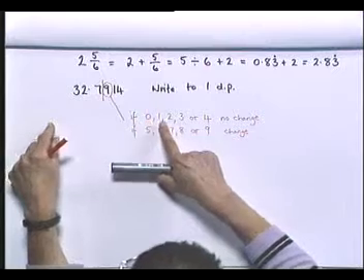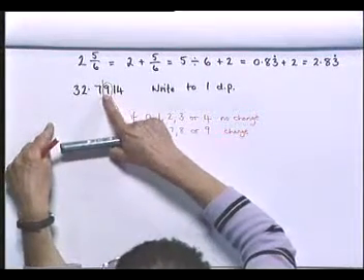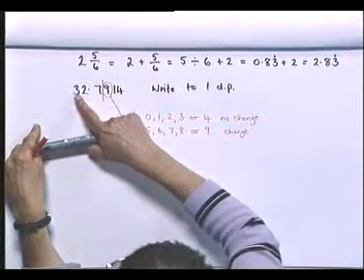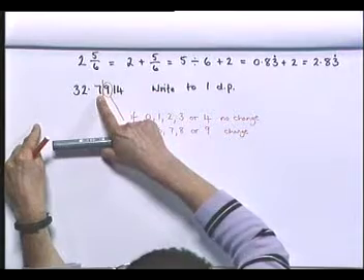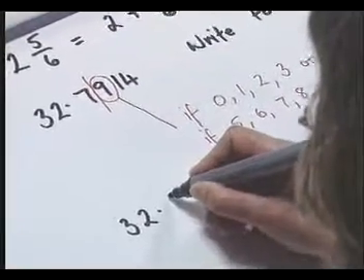If it had been a 0, 1, 2, 3 or 4, then it would have been closer to 32.7 than to 32.8. So that's why we're doing it. So in this case, to 1 decimal place, the number is 32.8.